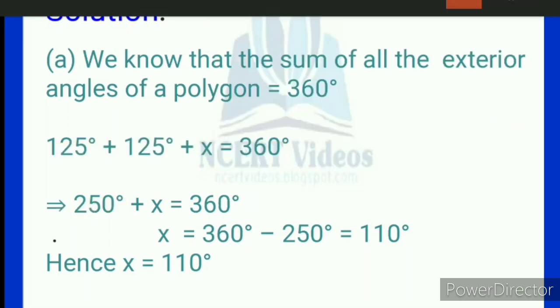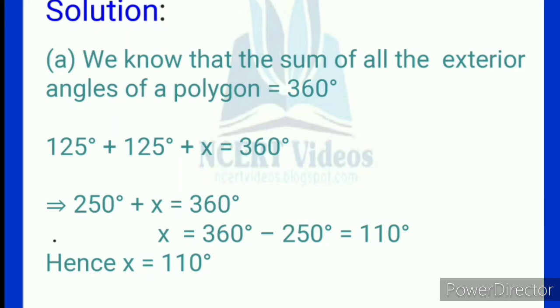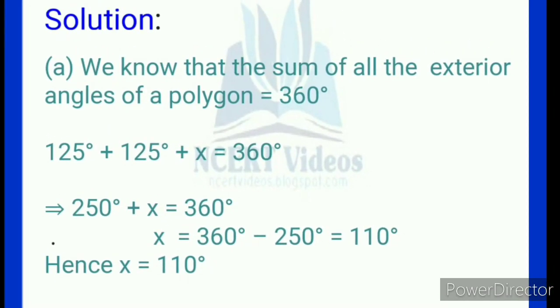We transpose 250 to that side, it becomes subtraction. So 360 minus 250 equals 100 degrees, which is the x value. They asked to find only the x value. Copy down, this is the solution for the first figure.